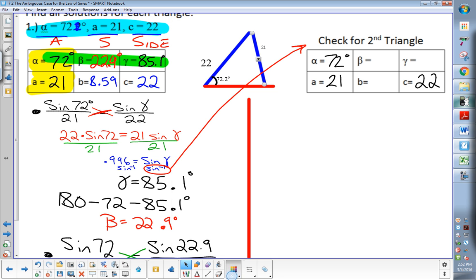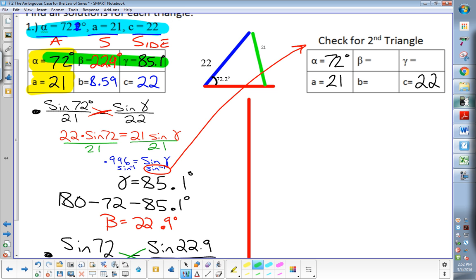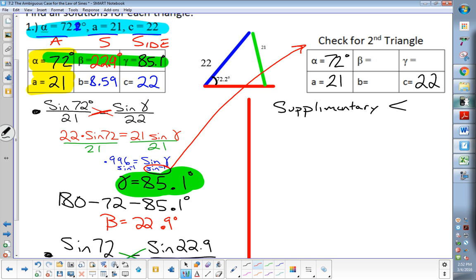You're going to take whatever angle you found in the beginning. Okay, so which angle did we find first as we solved? This one, gamma, 85.1. Okay, you're going to find the supplementary angle. I'm using fancy words. Find the supplementary angle for the first angle found. What does supplementary mean again?